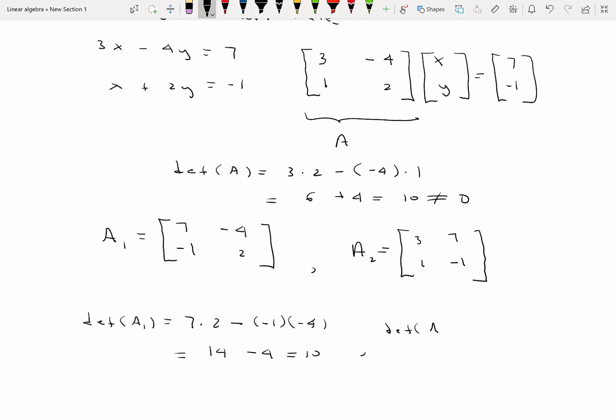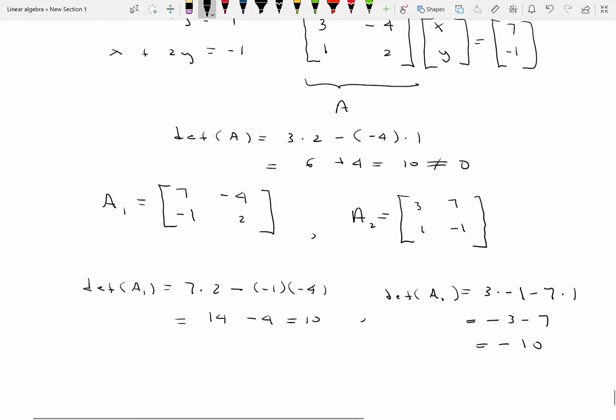Also, the determinant of A2 is 3 times negative 1 minus 7 times 1, which is negative 3, take away 7, which is negative 10. Then Cramer's rule says that x equals the determinant of A1 over the determinant of A.